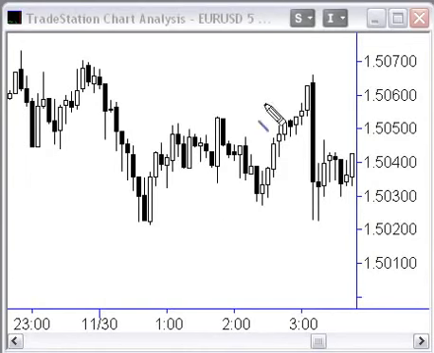So here we have the Euro-US dollar. It's a 5-minute chart. And what we're looking at here, for example, is we could say, okay, here is a low, a high, a low. So it looks like we're in a downtrend now, but now we've got a high, a low.